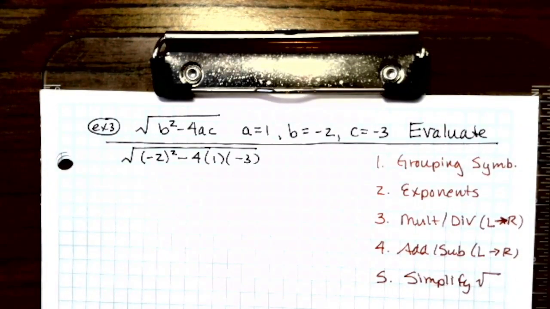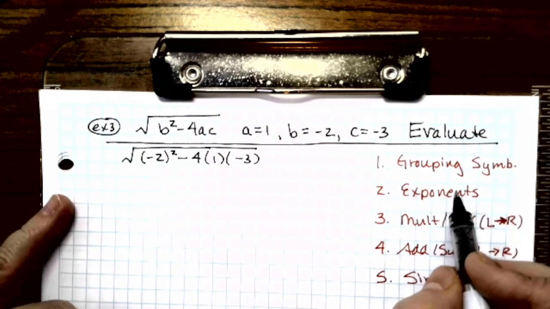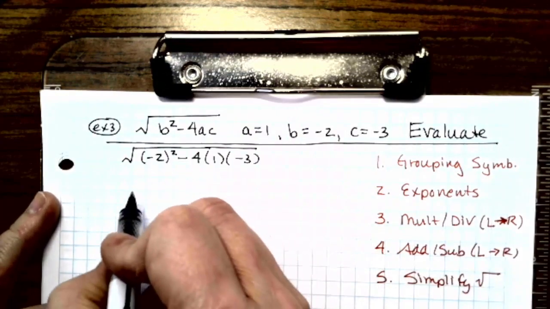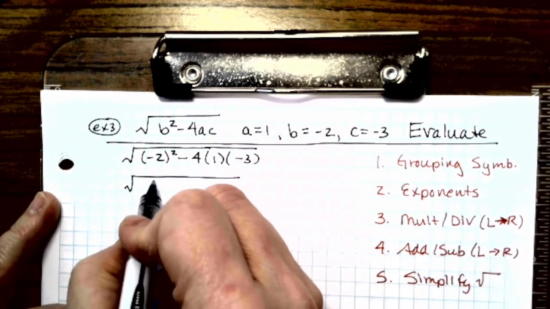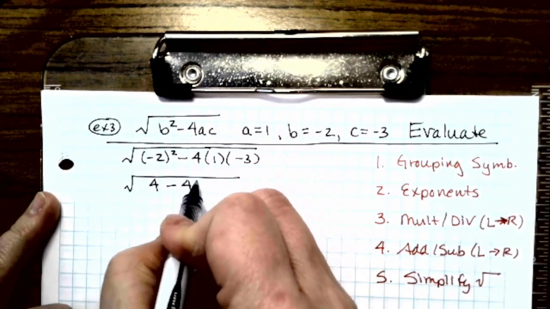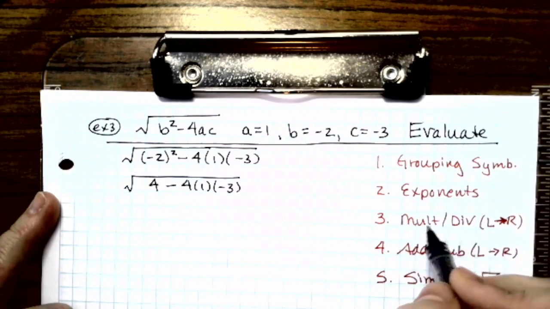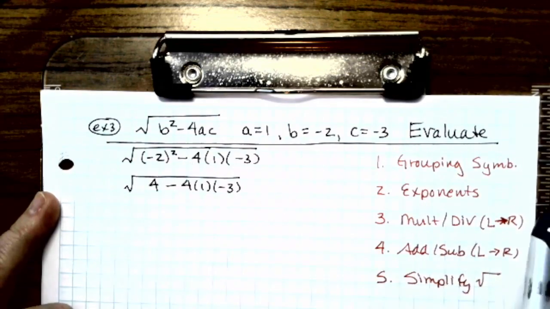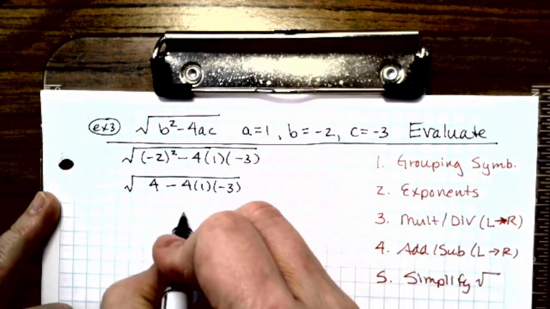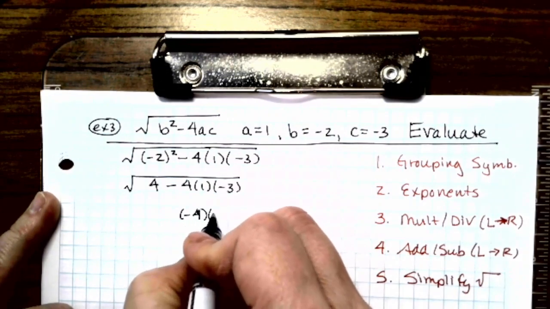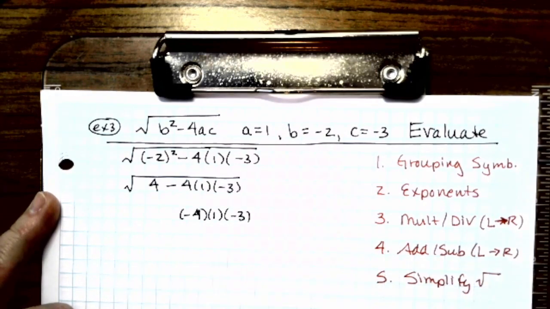All right, so following these steps, we're going to do the exponent first. So negative 2 times negative 2 is a positive 4. And I'm just going to recopy the rest. So that's our exponent. Now we're going to multiply or divide from left to right. So I'm going to multiply negative 4 times 1 times negative 3.